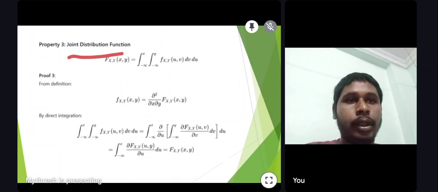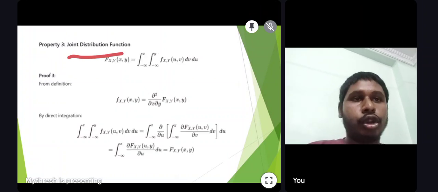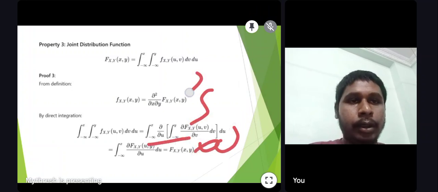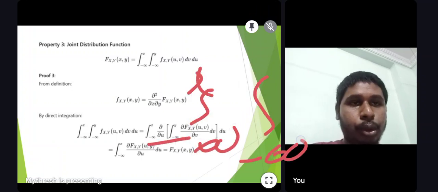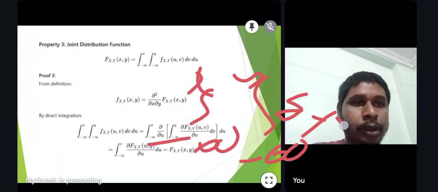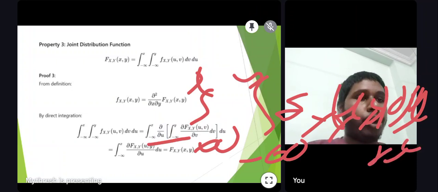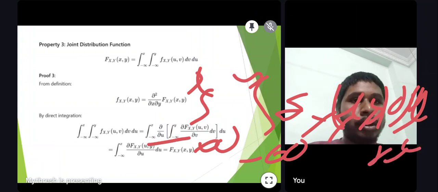So the next thing we have learned is the joint distribution function. In the joint distribution function, the integral from minus infinity to x and minus infinity to y of f(x, y) dx dy is the joint probability distribution function.